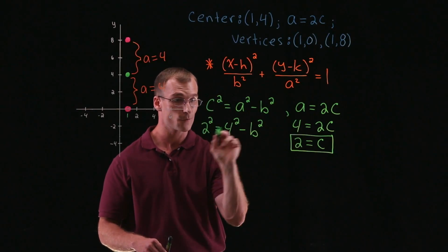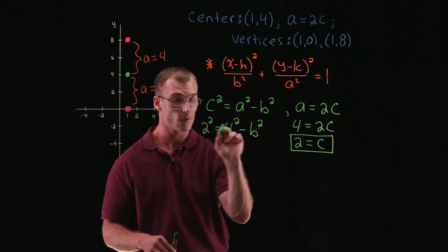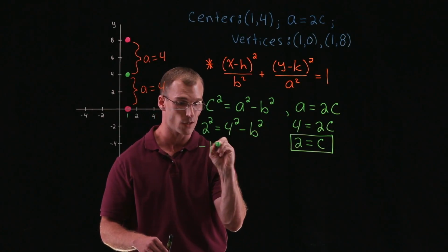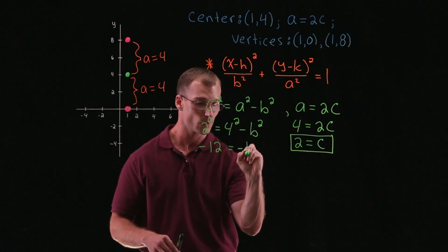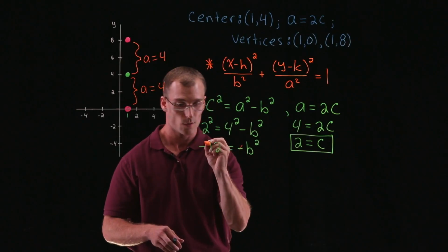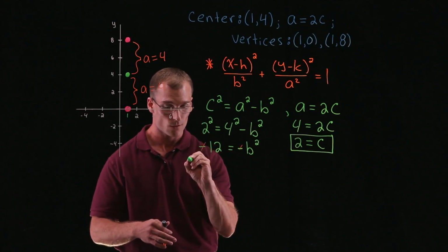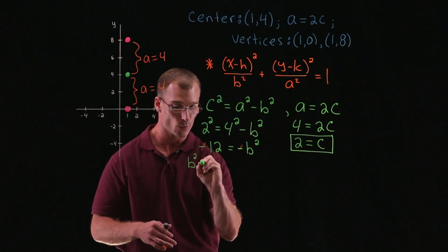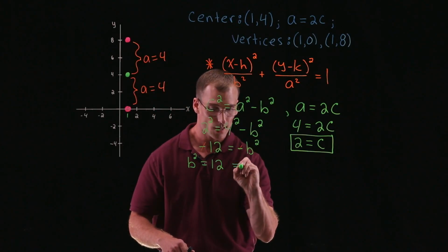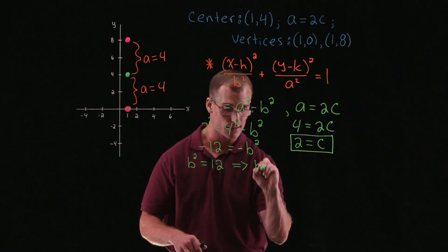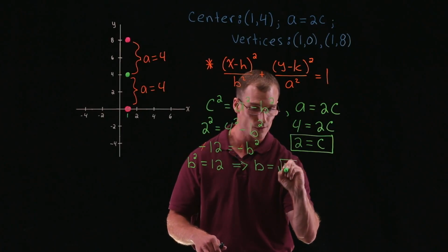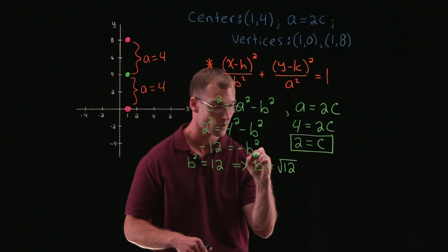So 2 squared is 4, 4 squared is 16, 4 minus 16, subtracting over, we get negative 12 is equal to negative b squared. And dividing through by a negative, we have that b squared is equal to 12. That implies, taking the square root of both sides, that b is equal to the square root of 12.